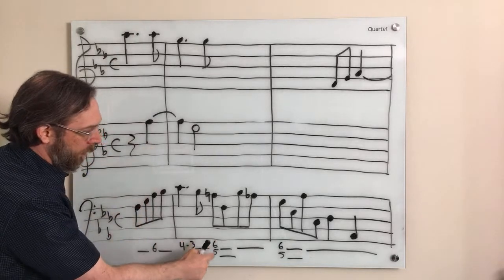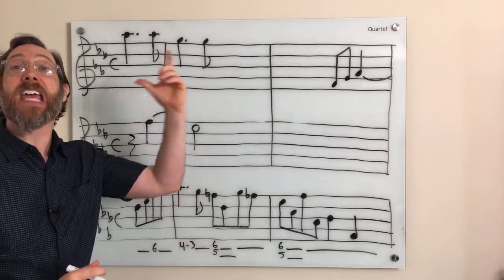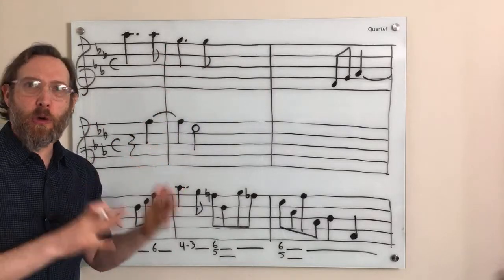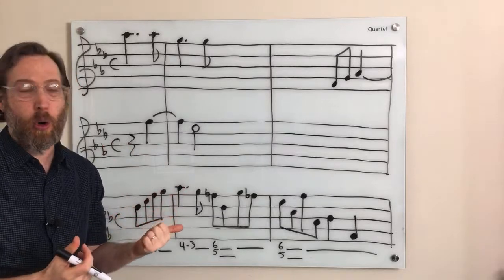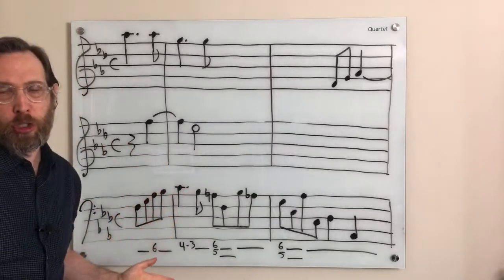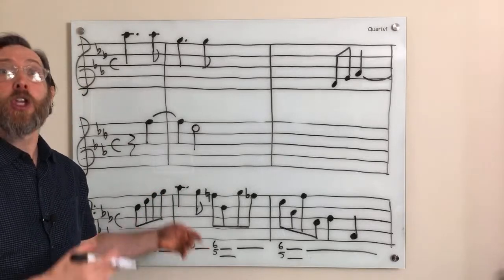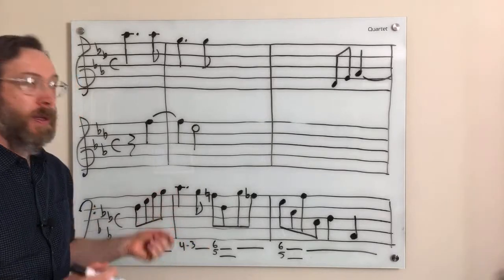And if there's multiple numbers, like here it says 6, 5, it means there's both the interval of a 6th and a 5th above the bass. Those figured bass numbers are often shorthand for certain chords. So 6 usually means first inversion triad, and 6, 5 usually means first inversion 7th chord.